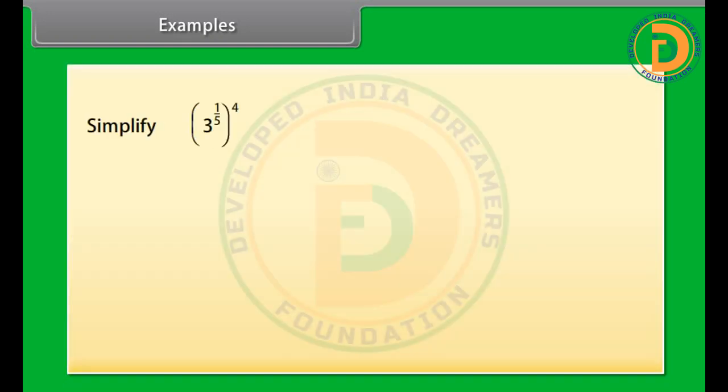Examples. Now let's solve some examples using these identities. Let's simplify the first one: 3 raised to the power 1 by 5, whole raised to the power 4. By multiplying 1 by 5 by 4, we get 4 by 5. So its answer is 3 raised to the power 4 by 5.